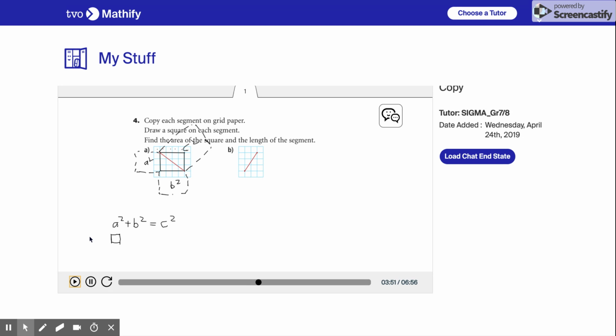Okay. So you don't need to draw these extra squares that I drew in using dotted lines. But what we do need to know is that this is 3 and this is 4, right? So if we put that into the formula, do you know how I got 3 and 4?